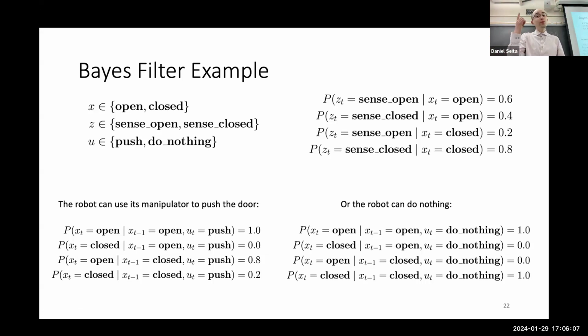Another way to interpret it is, how do we decide whether the robot should push or do nothing? Because I gave you the table, but we didn't discuss what is the probability that UT is push or UT is do nothing. That's more a matter of having a robot that will do an action, and you might hand code the decision making.